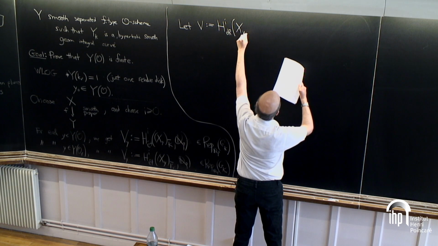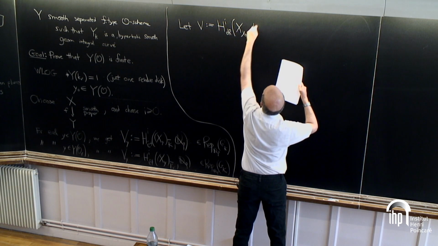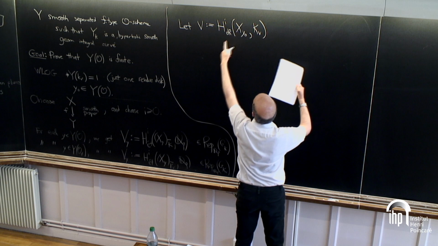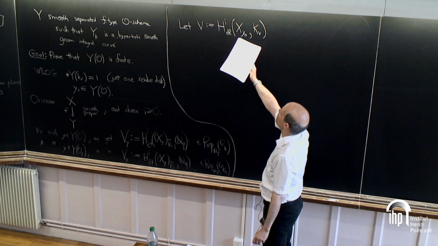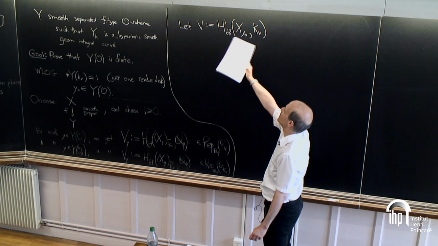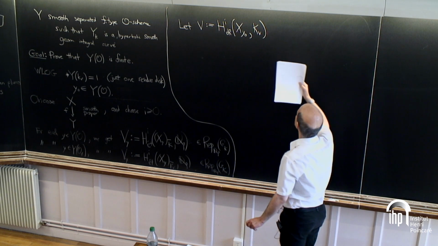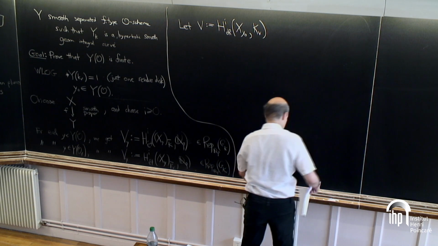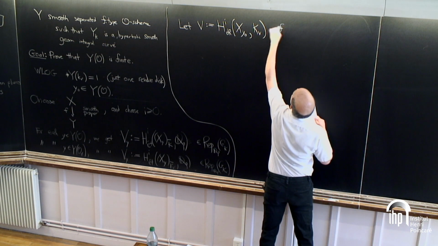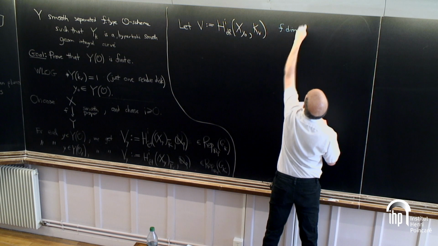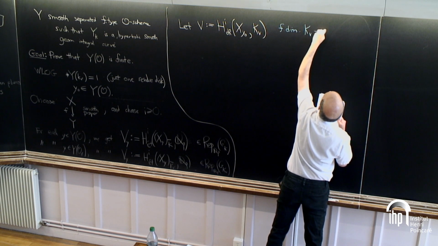I'm going to base change the de Rham cohomology to KV, so I think of this as a K variety that base changes to a KV variety, and then take its de Rham cohomology. What kind of thing is this? This is a finite dimensional KV vector space.